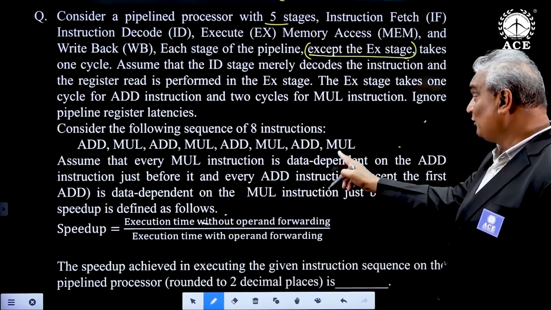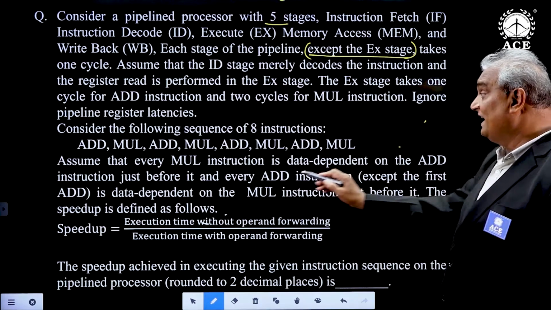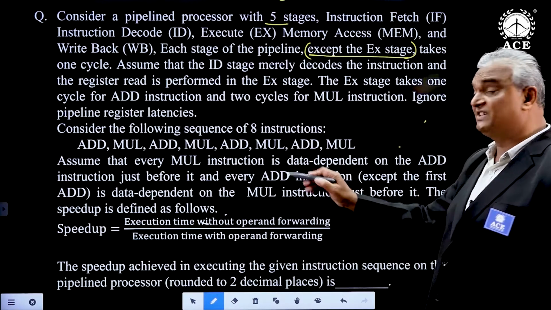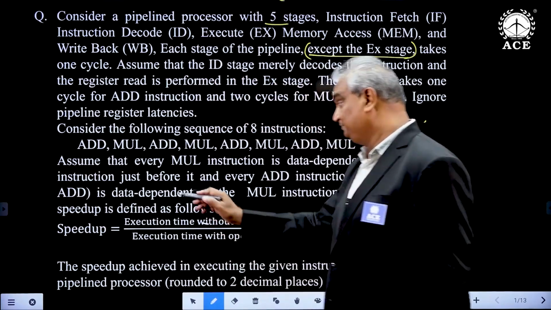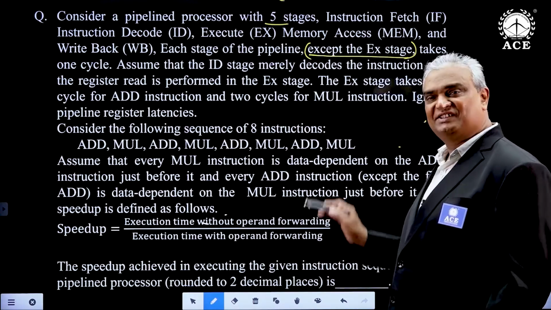Observe this. Not only the mul instruction, but every add instruction, except the first add, is data dependent on the mul instruction just before it.